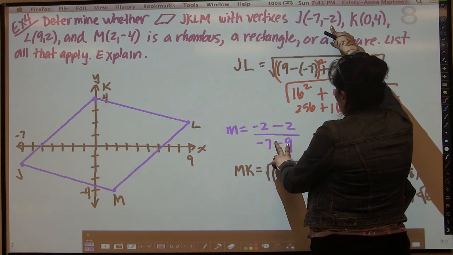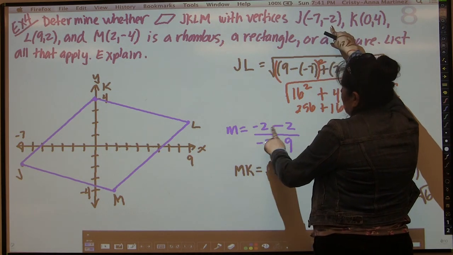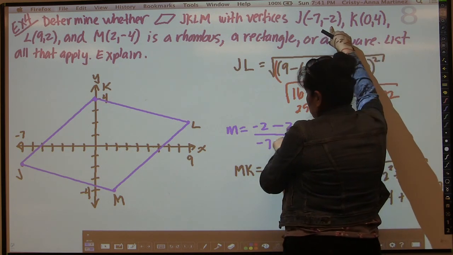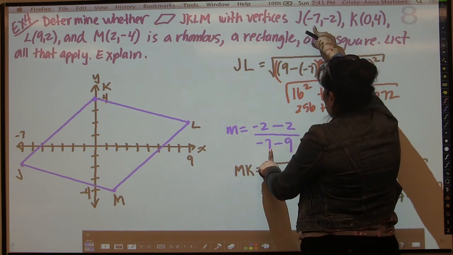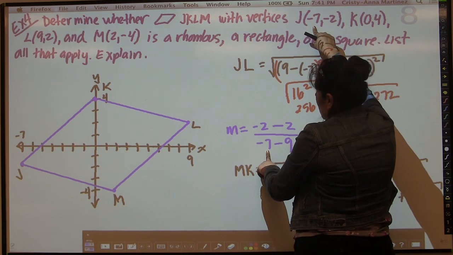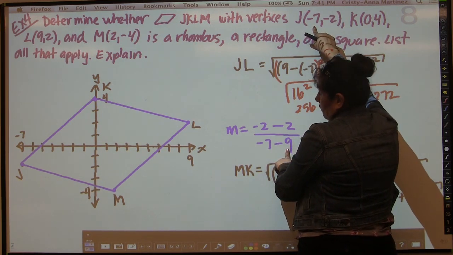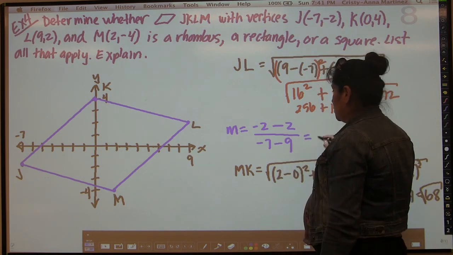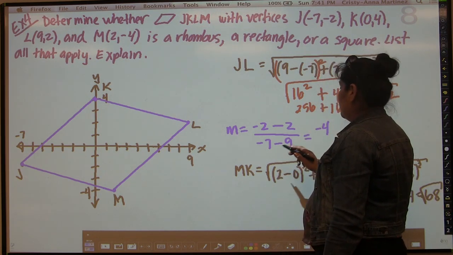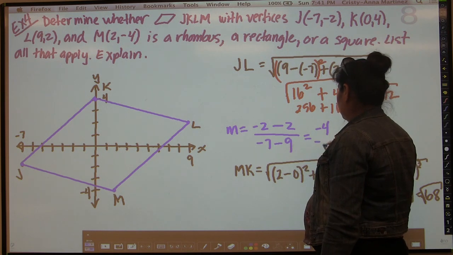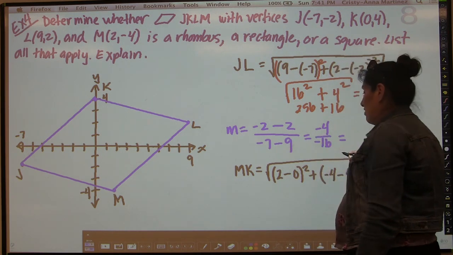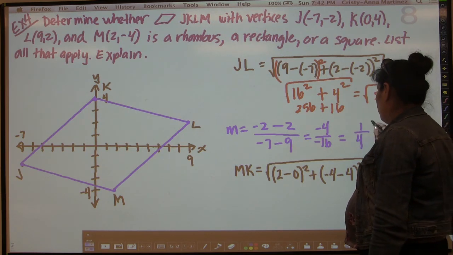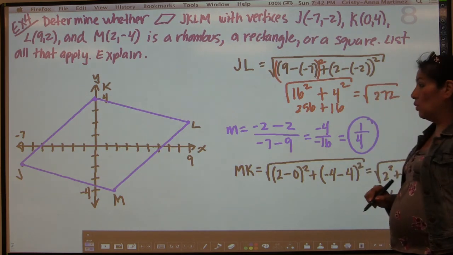I'm going to take y2, -2, and subtract y1, which is the y-coordinate of L, which is 2. And on the bottom, I'm going to take x2, which is -7, and subtract the x-coordinate of L, which is 9. So -2 minus 2 is -4. -7 minus 9 is -16. So negative divided by negative is a positive, and 4 goes into 4 once, and 4 goes into 16 four times. So we get 1/4. The slope of JL is 1/4.